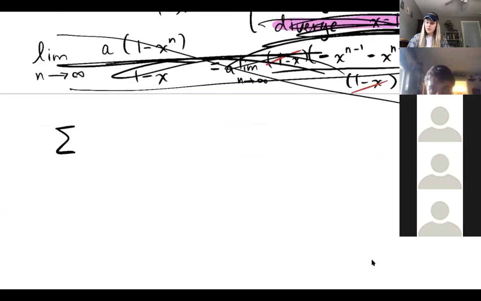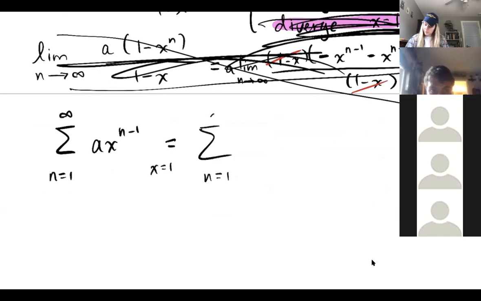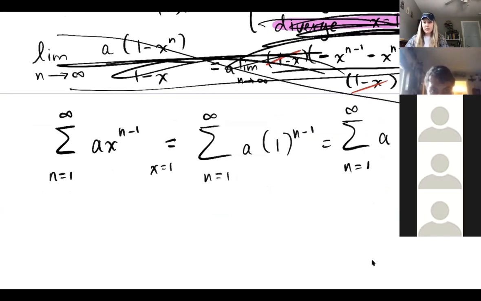Let's try this again. Let's go back to the form of our geometric series. This will do it. If x is 1, what does this look like? It would just be a times 1. So you'd be adding up whatever a is infinitely many times.